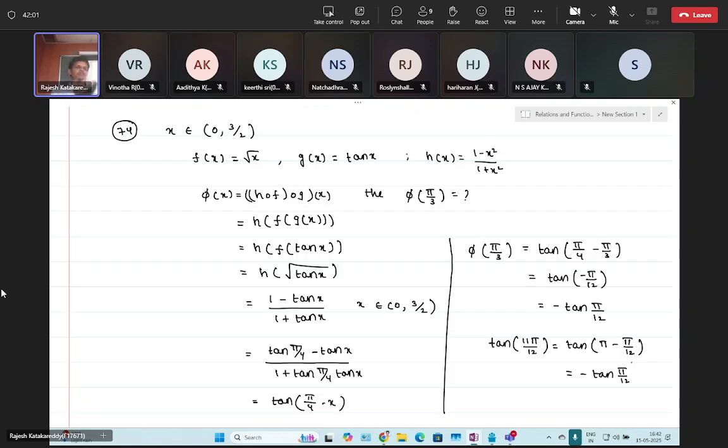For example, if we take mod x, that will be minus x when x is less than 0. That will be plus x when x is greater than or equal to 0. That is a non-uniform function. That kind of functions is what we are going to see now, how to find the composition. This is a little trickier one. If you won't listen, you won't understand.